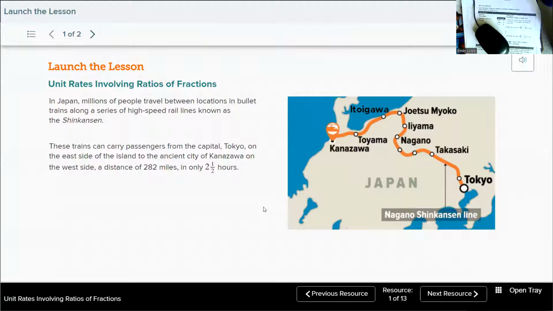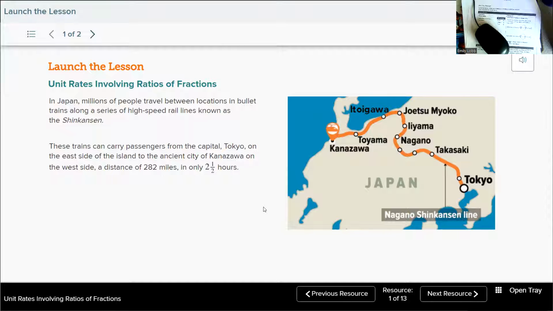In Japan, millions of people travel between locations in bullet trains along a series of high-speed rail lines known as the Shinkansen. These trains can carry passengers from the capital, Tokyo, on the east side of the island to the ancient city of Kanazawa on the west side, a distance of 282 miles in only 2.5 hours.